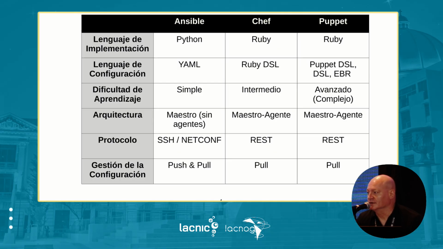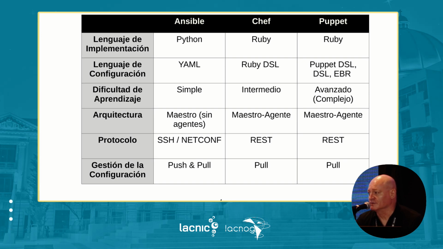Another important thing is the architecture. In many cases, it's just a master who executes remotely, and then you can have an agent in each of the machines so that they communicate with the manager, with a master. Then the protocol is also important.